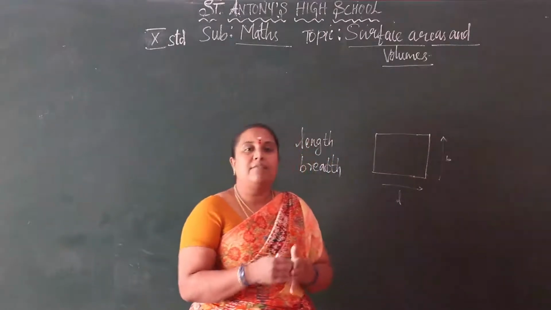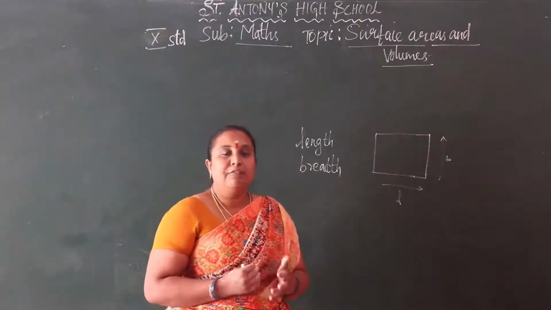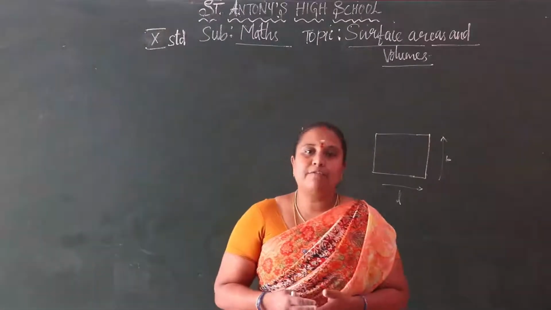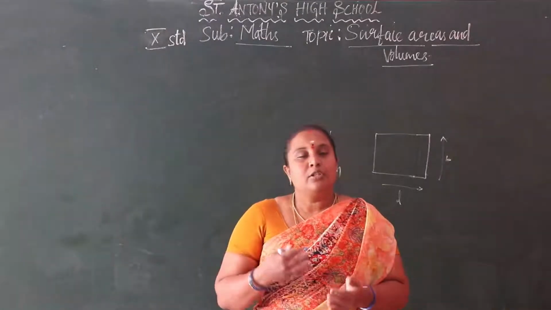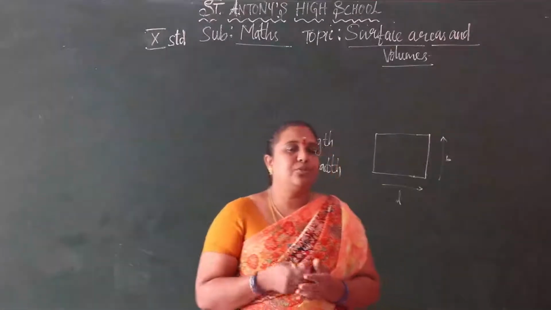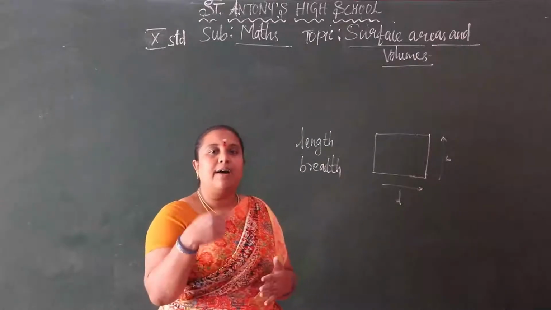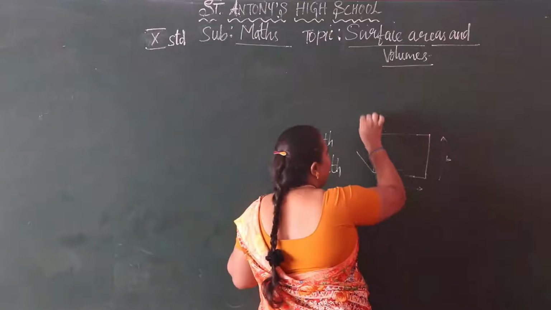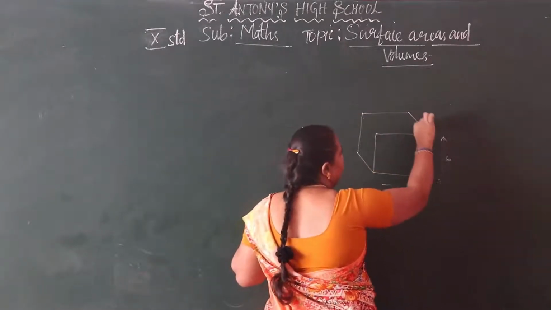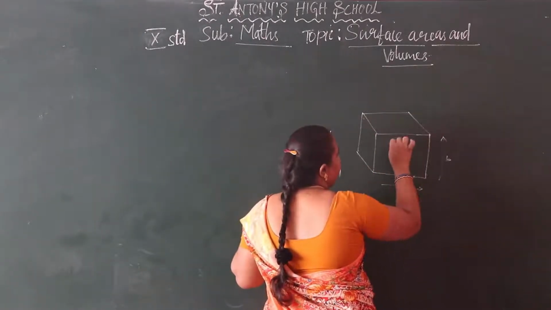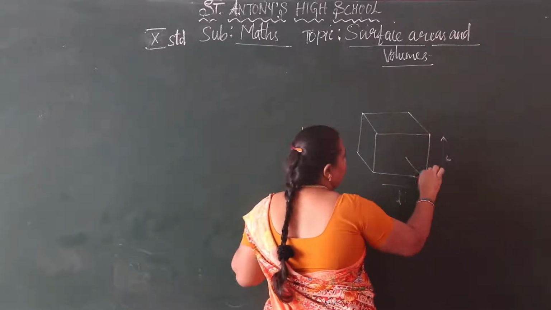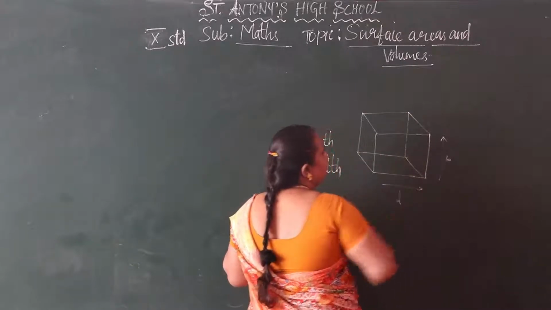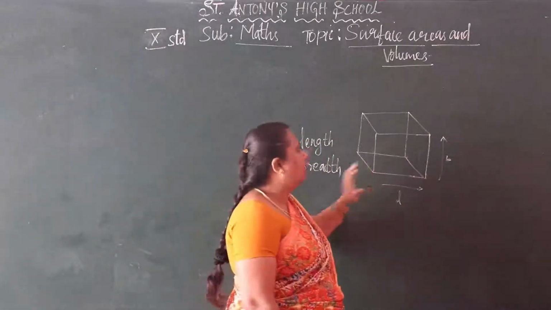Okay. So if we have a three-dimensional figure, we want to find out the area of the cuboid. Cuboid is a three-dimensional figure. Here we want one more measurement, that is height. So here we have to draw a cuboid.